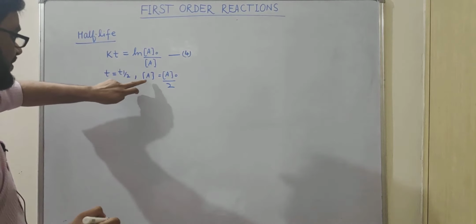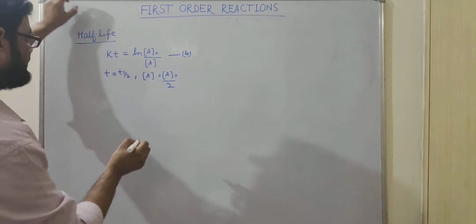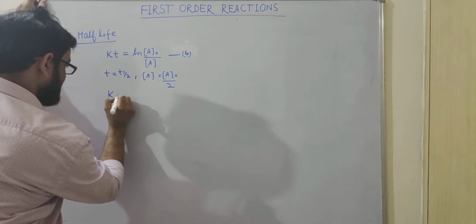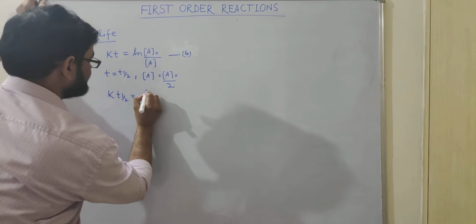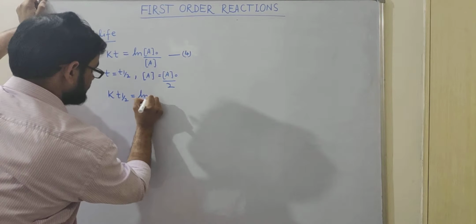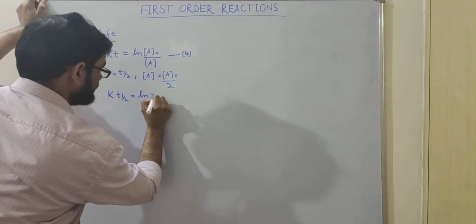So putting the value of A into this equation, we will get k into t half is equal to ln 2.